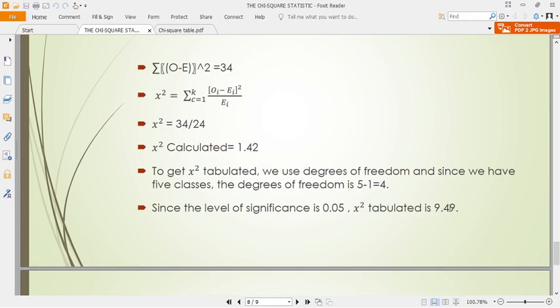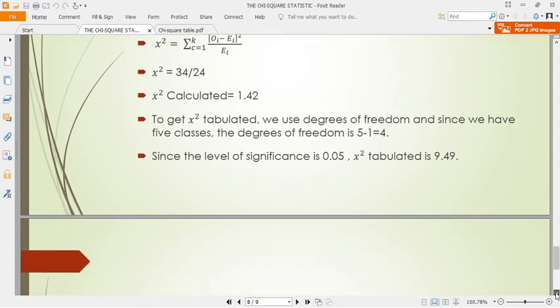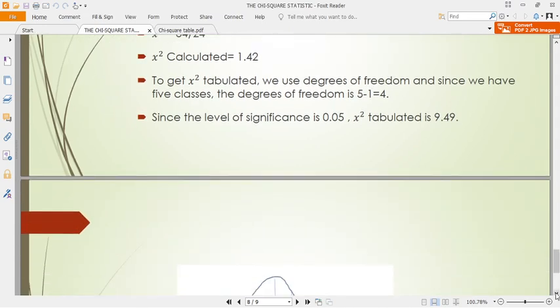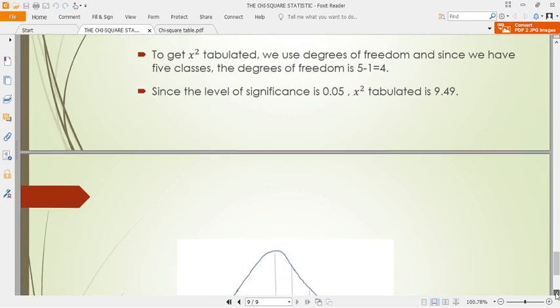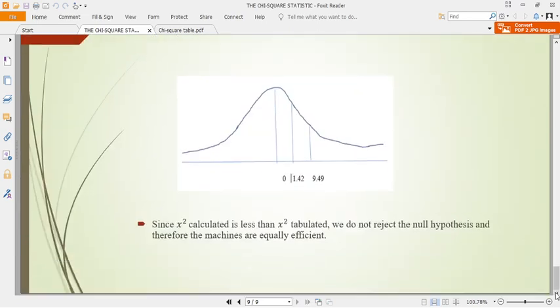So we are supposed to compare chi tabulated and chi calculated. The tabulated one is 9.49, and then the calculated is 1.42.